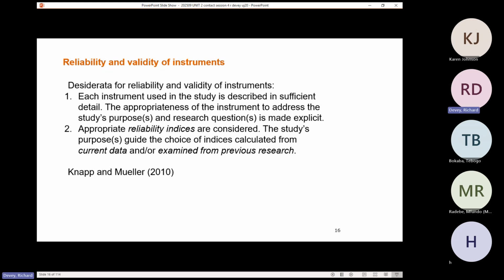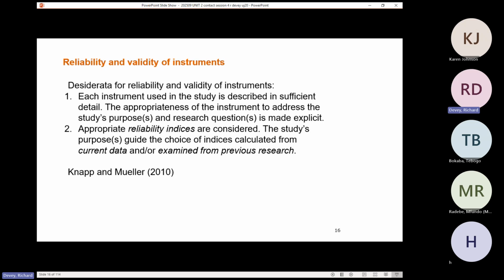Then you also need to look at appropriate reliability indices. As I mentioned, there are different types of reliability, and we'll look at those in a second. You need to justify and explain why you're using a specific form of reliability for your study.